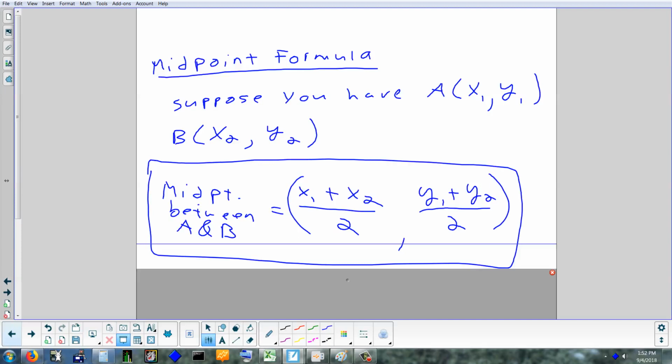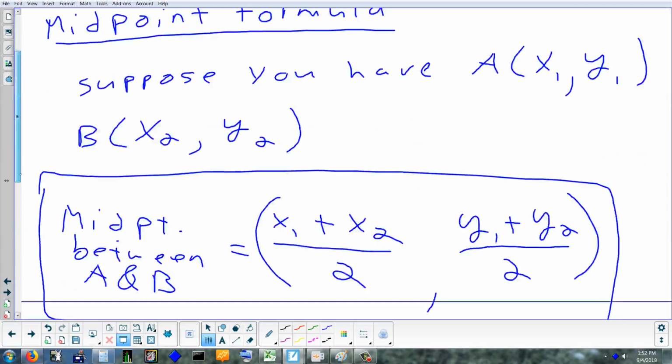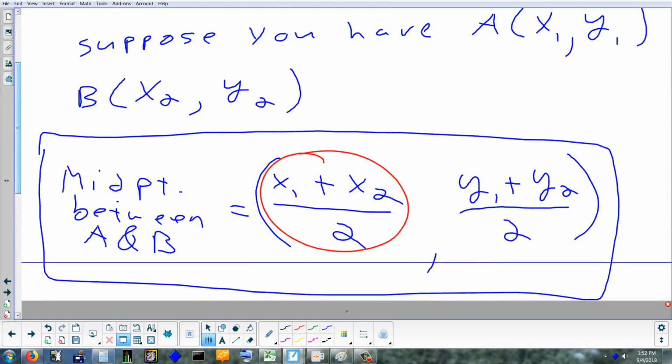Now, if you look at what we're doing right here, and the same thing here, you're adding up two things and dividing by 2. There's a name for that. If you add up two numbers and then divide by 2, it gives you the blank of the two numbers. Anybody know what I'm thinking of?